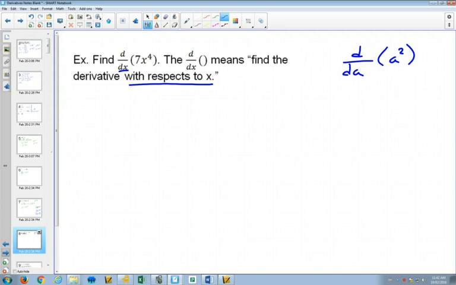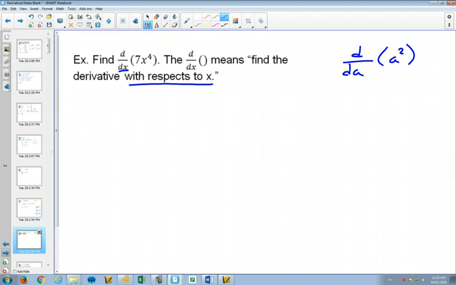We tend to use x a lot with derivatives, so you sort of get a sense of d/dx or dy/dx because you use y and x. But later on, as we do applications with respect to time, then we'll be doing d/dt. And we'll be doing different derivatives with different variables.